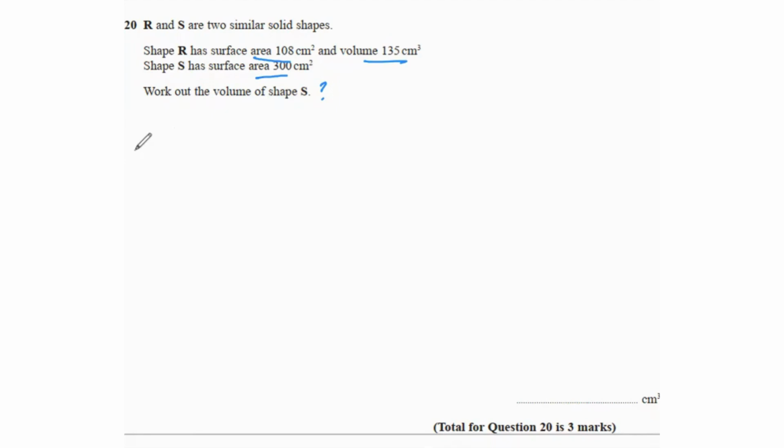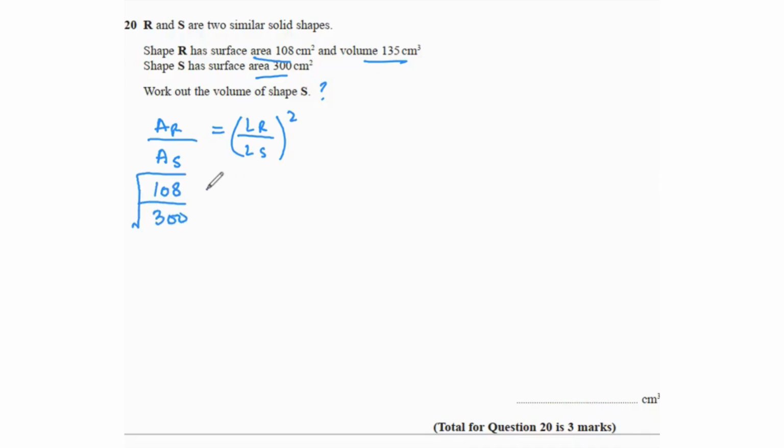So let's make an equation for the area first. Area of R divided by area of S is equal to length of R over length of S, squared. So that's 108 divided by 300.